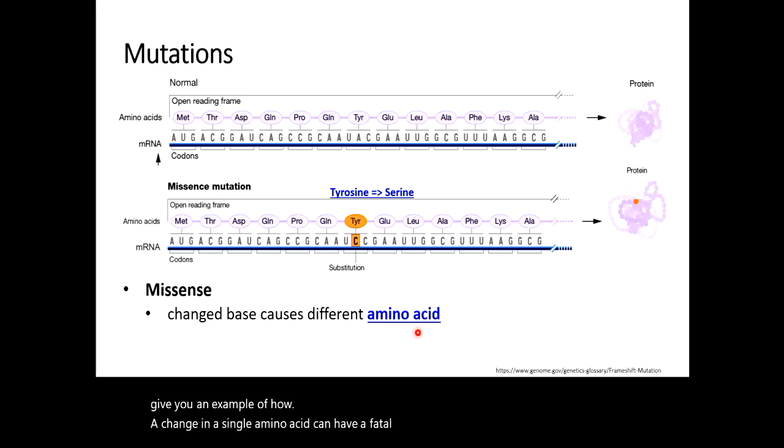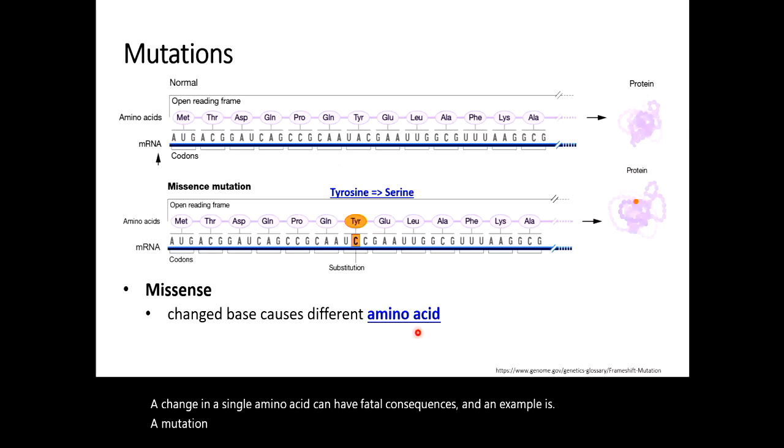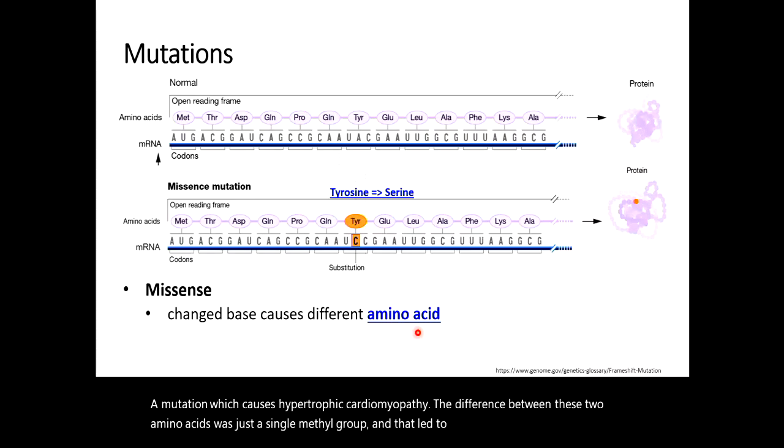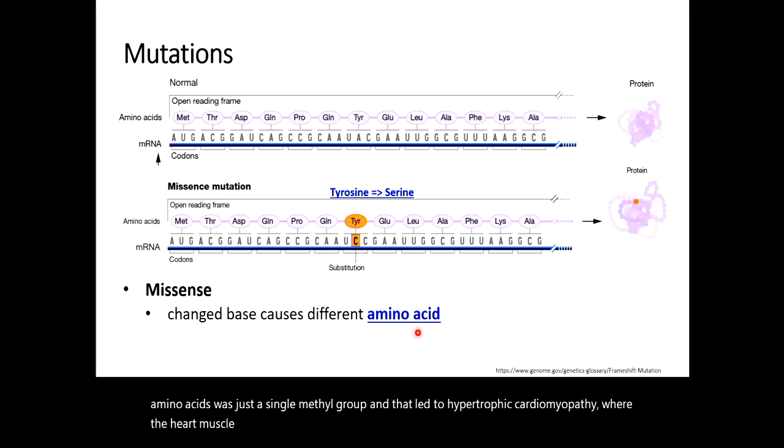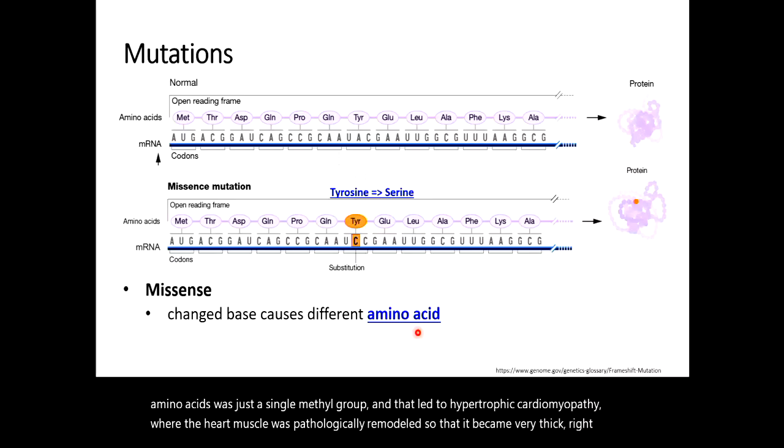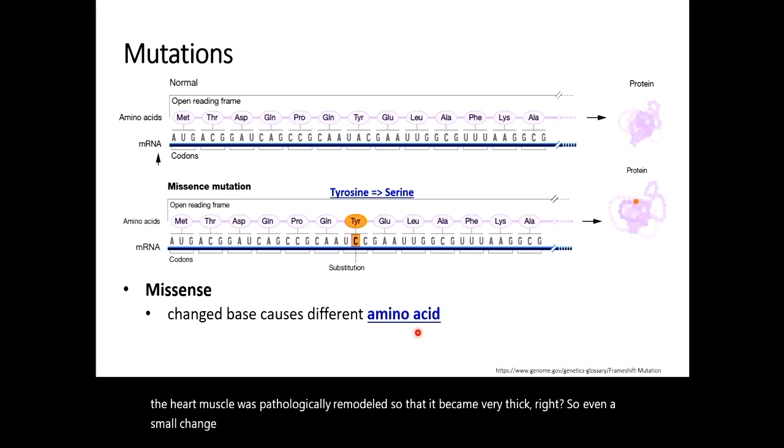An example is a mutation which causes hypertrophic cardiomyopathy. The difference between these two amino acids was just a single methyl group, and that led to hypertrophic cardiomyopathy, where the heart muscle was pathologically remodeled so that it became very thick, right? So even a small change in the protein structure can lead to functional differences.